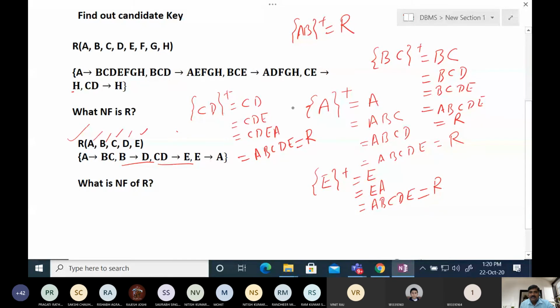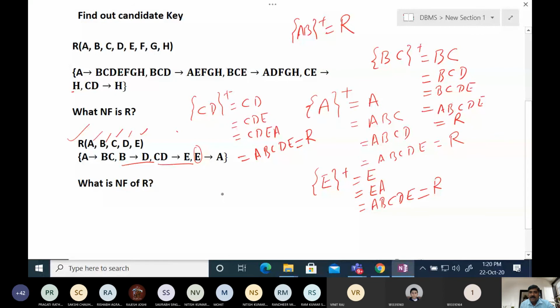And through practice, you can find out the candidate keys firstly. And I want to give you a hint. Suppose A is a candidate key and A is on the right side of any other FD, then the left hand side is also a candidate key. Immediately you can take the decision.